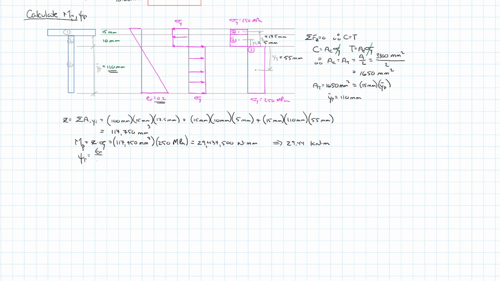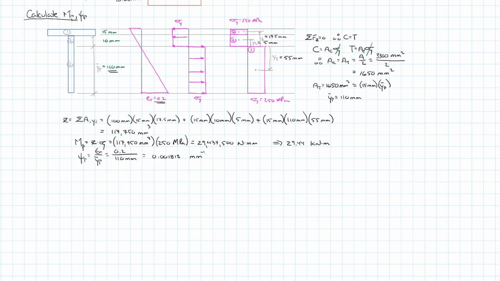So we have Y bar plastic, 0.2 divided by 110 millimeters, or 0.001818 millimeters to the -1. So that's the elastic condition and the plastic condition.